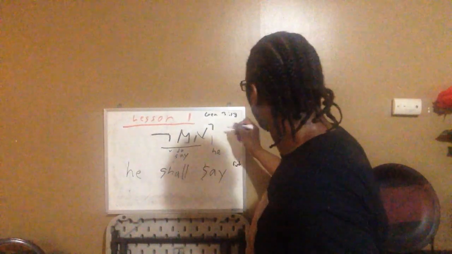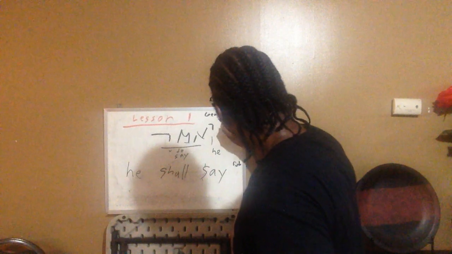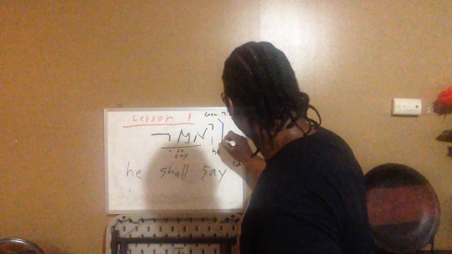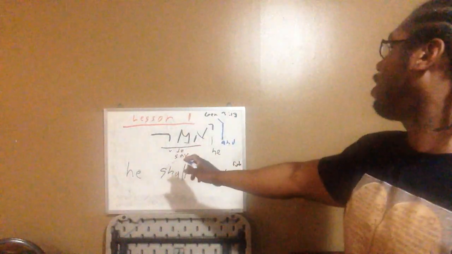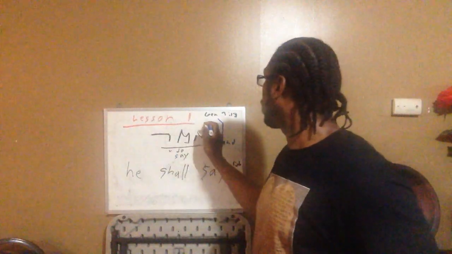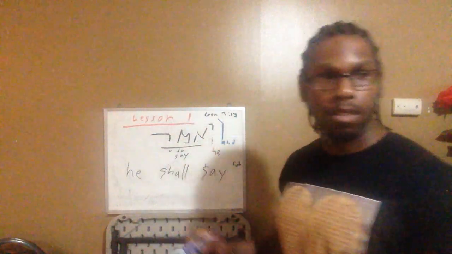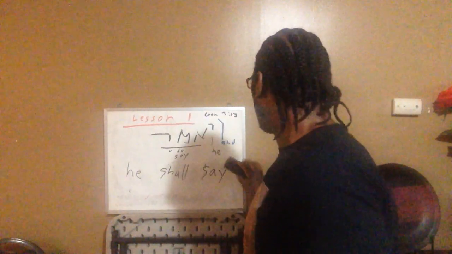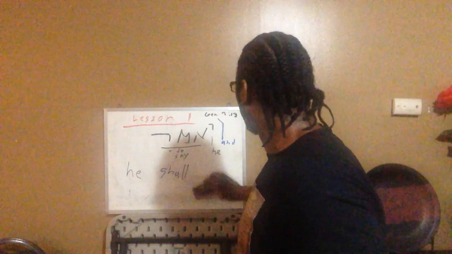You're going to add this to it. A Vav. And it says and. Just because you wrote this here, this converts all of this. So it will not say he shall say.